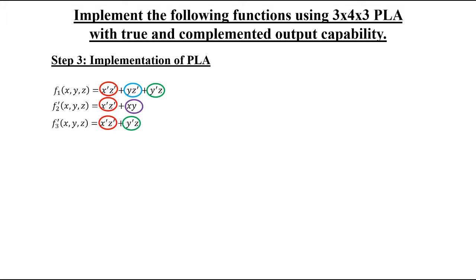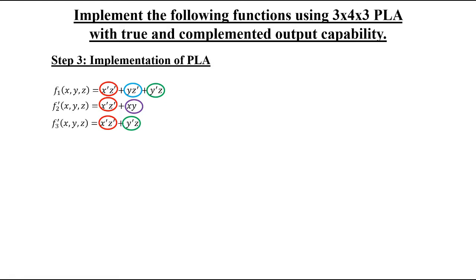This is because these functions have common terms: F1, F2 bar, and F3 bar have a common term X bar Z bar, while F1 and F3 bar have a common term Y bar Z.